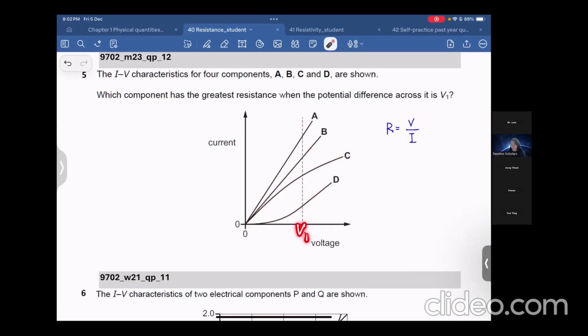So we want to do comparison, then we take the same V here. Same V, but D here has the lowest current. If your current is the lowest, mathematically, one number divided by a small number, your resistance here will be high. So the answer should be D. We don't use the technique that I taught you just now.